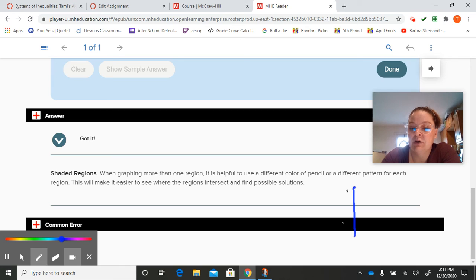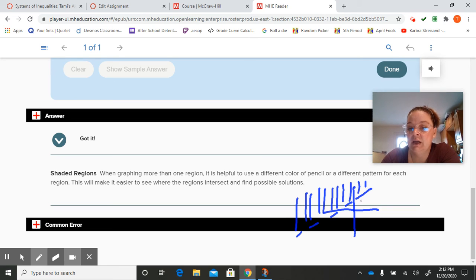So if this is my graph and I have one here, maybe do some hash marks this way so that when I do my other equation and go the opposite direction, I can see where the overlap is.